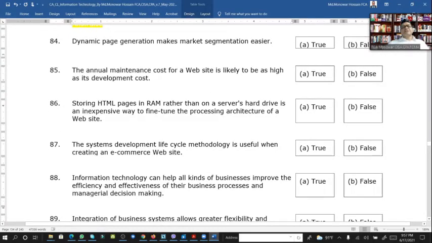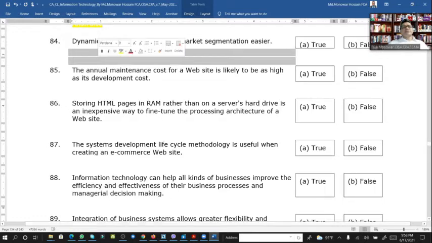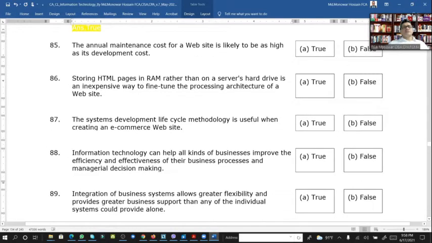Dynamic page generation makes market segmentation easier. It is true. The annual maintenance cost of a website is likely to be as high as its development cost. False.